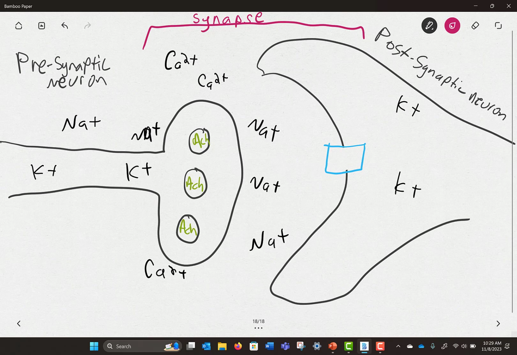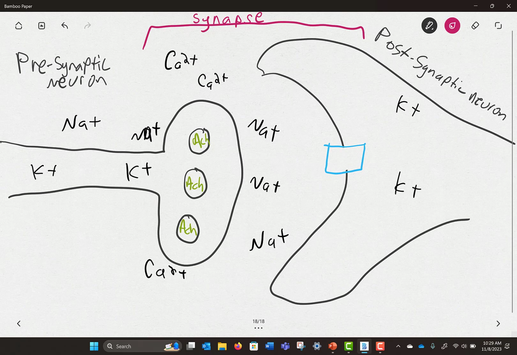Well, over on the left is the sending neuron. Over on the right is the receiving neuron. The whole thing that we've drawn here is a synapse. The point where two neurons connect is a synapse. The one on the left, that's before the synapse, is called the presynaptic neuron.